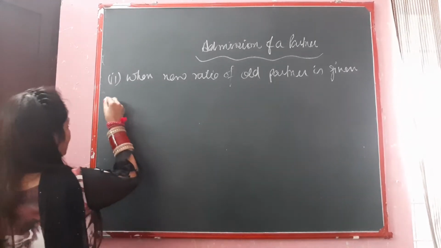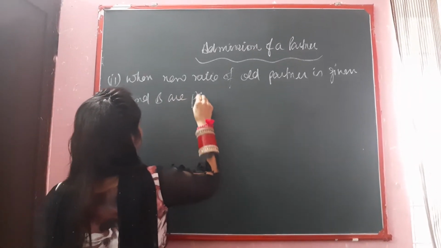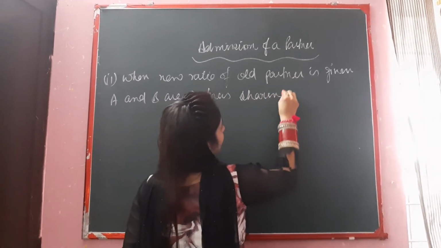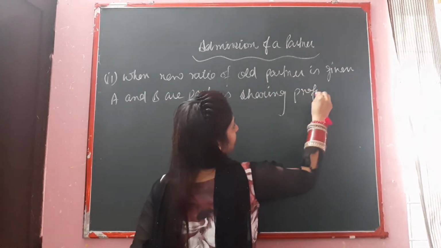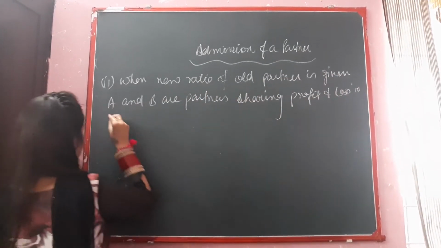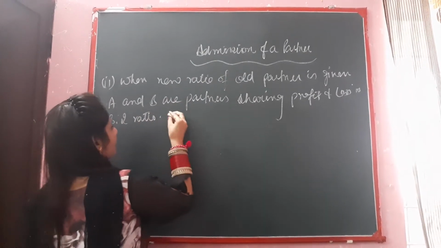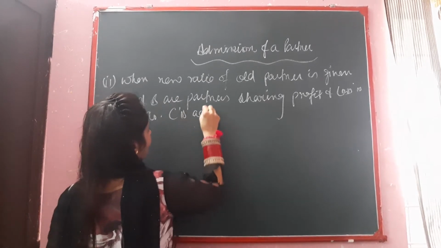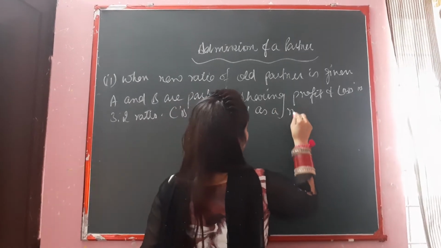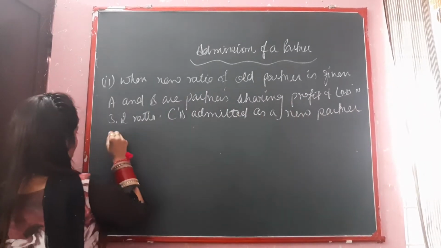Suppose we are taking example. A and B are partners sharing profit and loss in 3:2 ratio. C is admitted as a new partner with 1/4 share of profit.